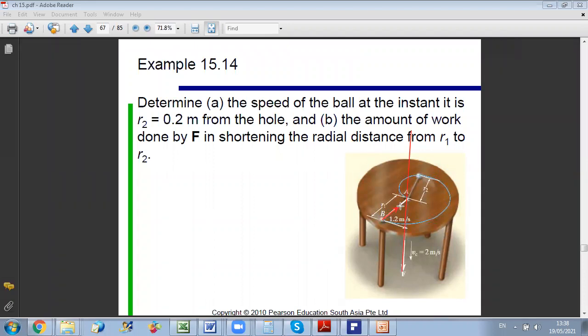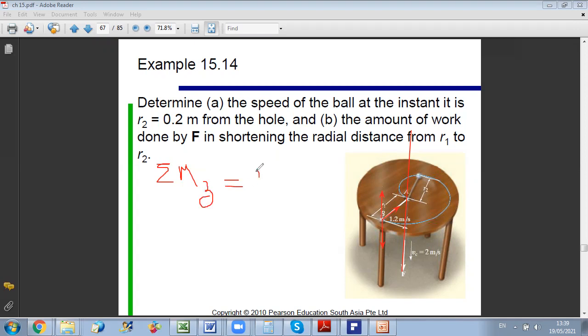Since it's a central force problem, this force will never have a moment about A, and the other forces, the weight and the normal reaction, are both parallel to Z. So in total there is no external moment about A. Meaning the sum of moments about A, or about the Z axis, is equal to 0.